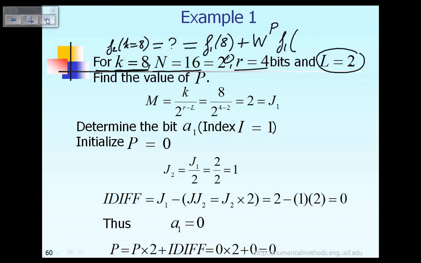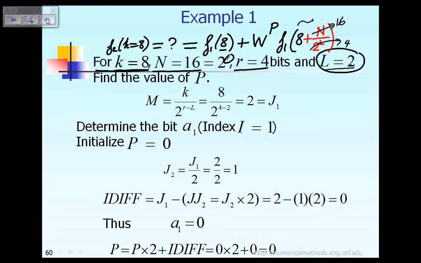But what is the companion node of node 8? The companion node of node 8 should be equal to 8 plus a distance which is equal to n divided by 2 to the power L. Okay? So in this case, n is equal to 16, L is equal to 2, so this will become 4, and therefore the whole thing become F1 of 12.